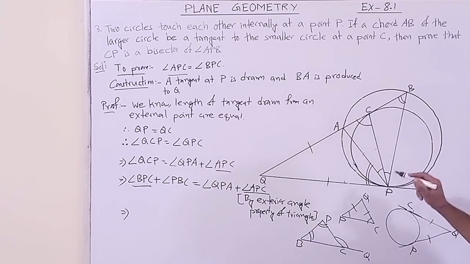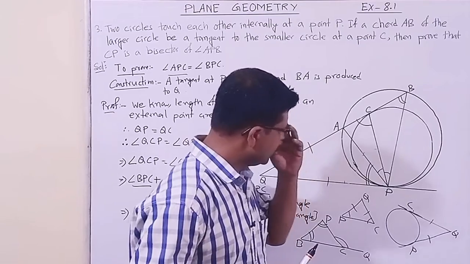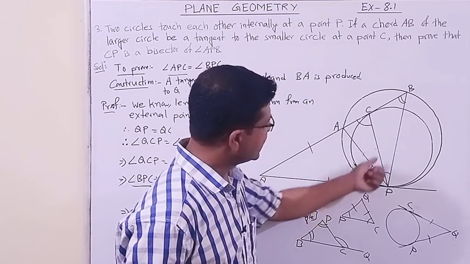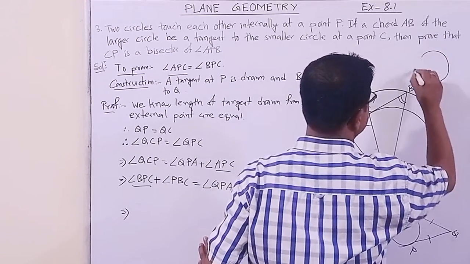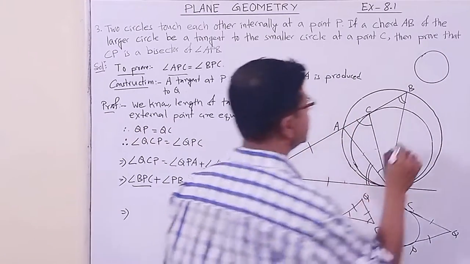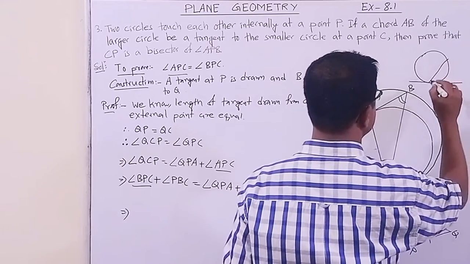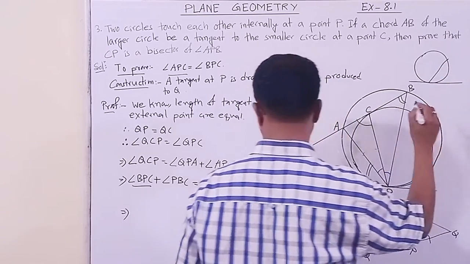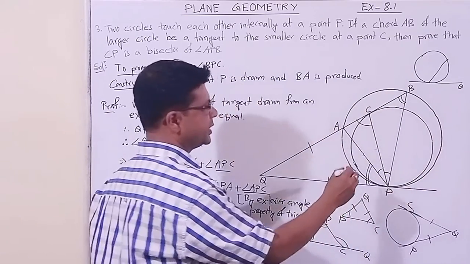If you look nicely, you can find that they are obviously equal. Now let us see the reason behind this. The thing is very simple. Let us draw a chord here, and this is the tangent. This is the external point Q. The tangent is at point P.